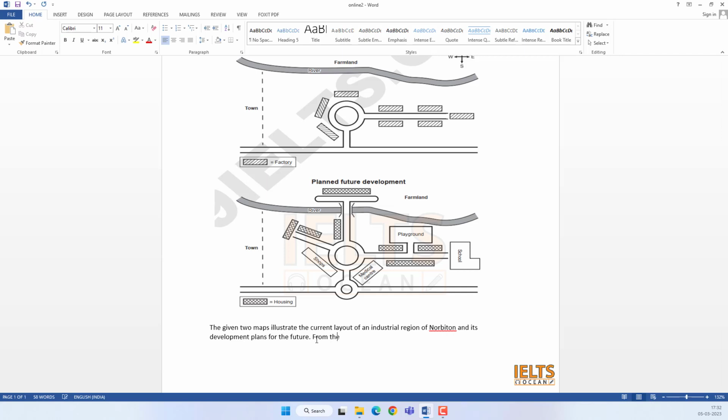From the map, it can be seen that the area will be converted from an industrial site into a housing area.